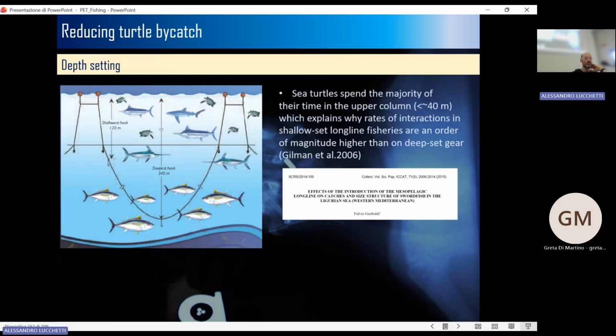Okay. The other solution is to set the long line deeper, as the fishers started to do in the Mediterranean Sea. If the main line of a long line is set below 200 meters of depth, the bycatch of turtles and other marine mammals is really low.